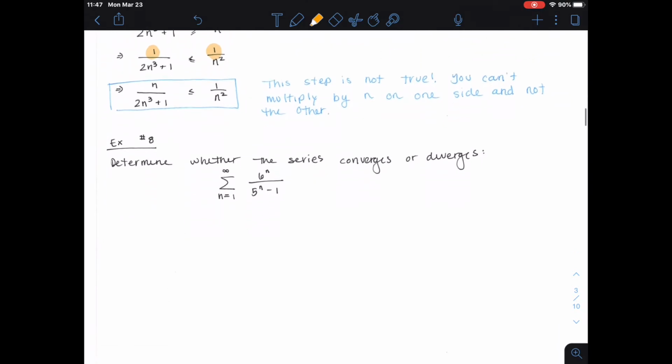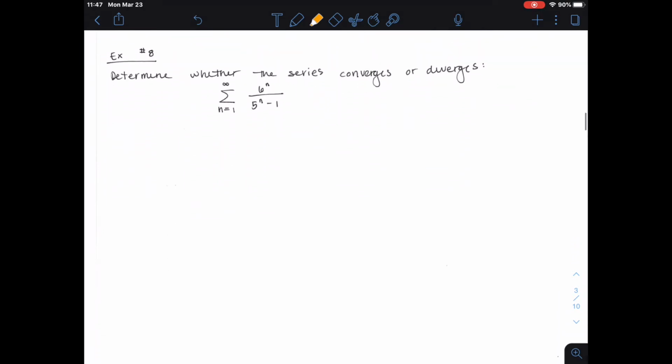Let's look at something that is a geometric series. So if we look at that, we want to make a guess again. The guess we want to make is, I'm going to ignore the bounds for right now. You're going to just ignore any constants.